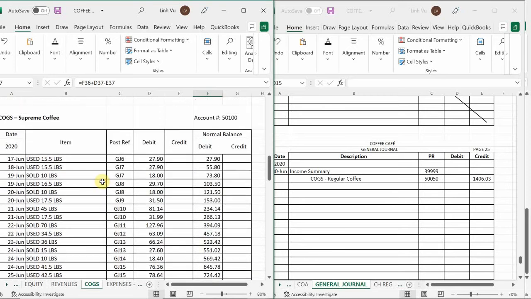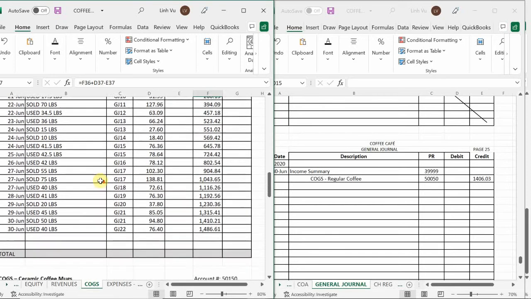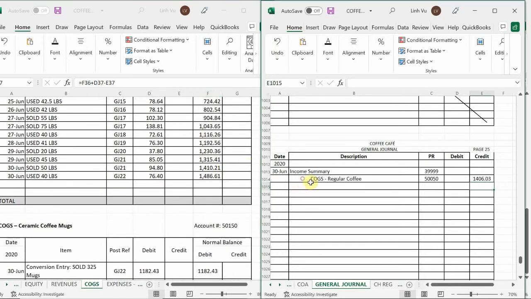Next, we have here is my cost of goods sold for the Supreme coffee. Okay, so cost of goods sold of 5,100. Okay, and this account balance is at $1,486.61.